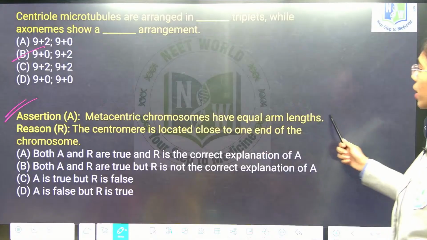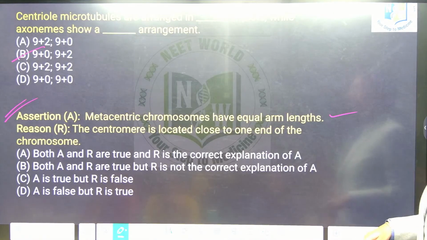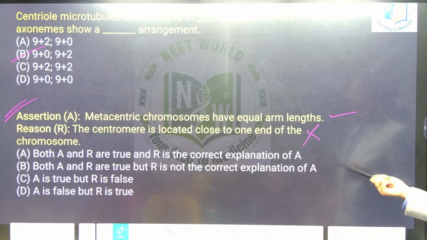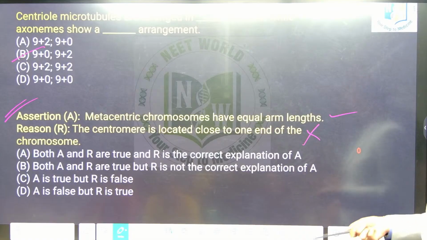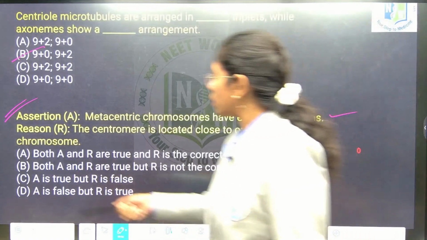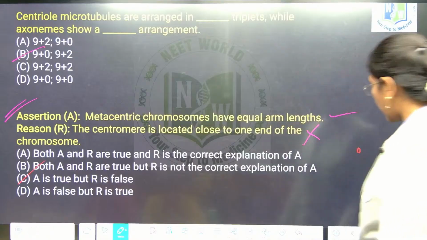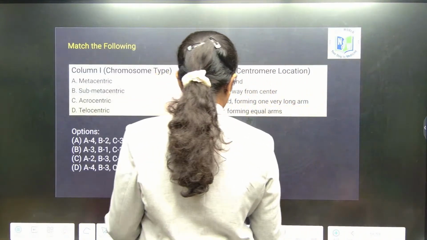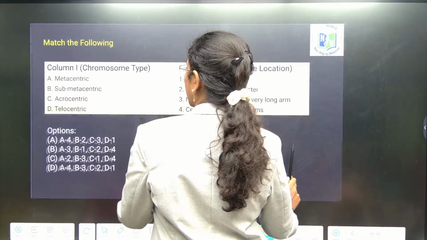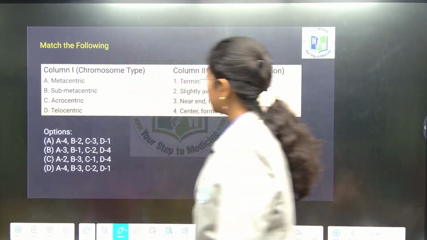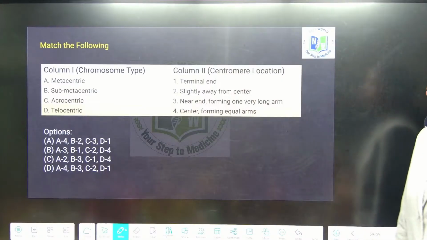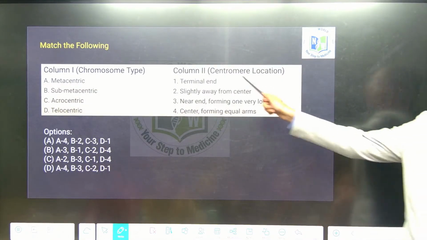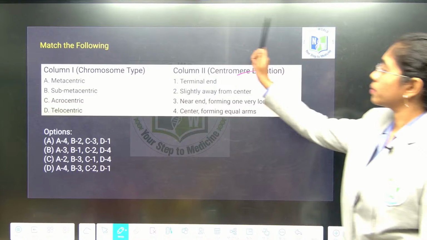Metacentric chromosomes have equal arms. Yes. The centromere is located close to one end. Wrong. The centromere is located at the center. Last questions on the shapes of chromosomes. Centromere location he is asking.